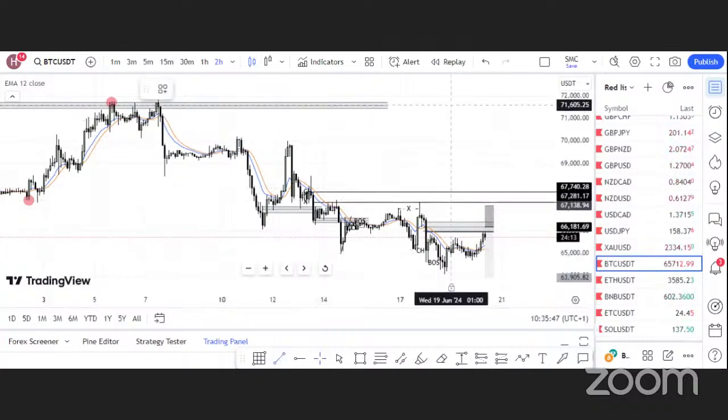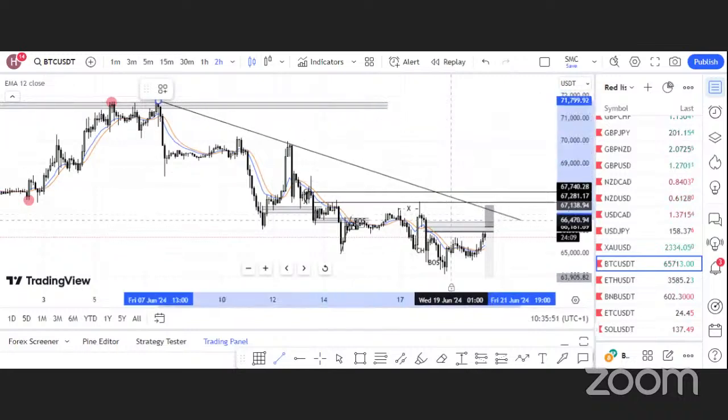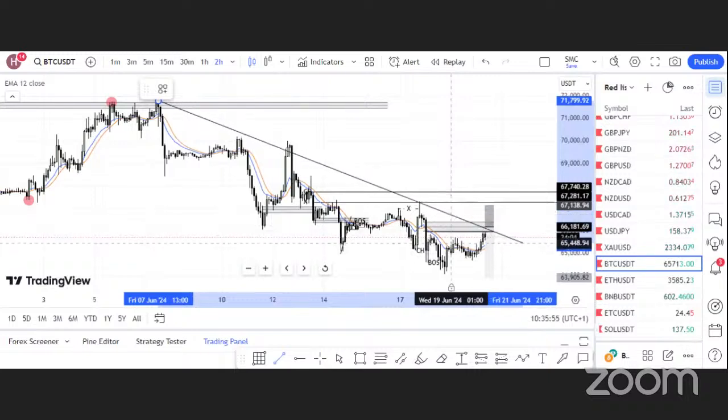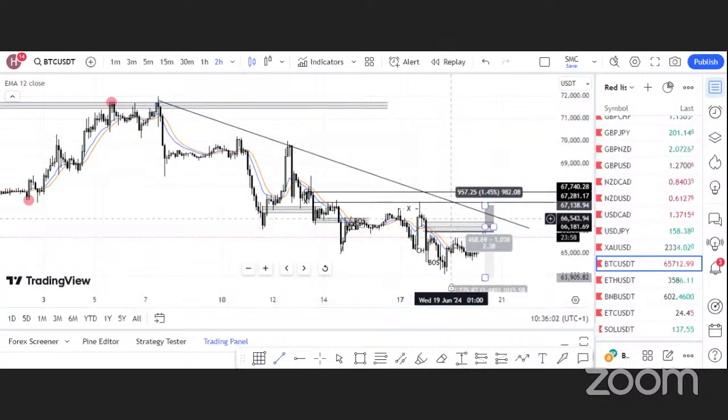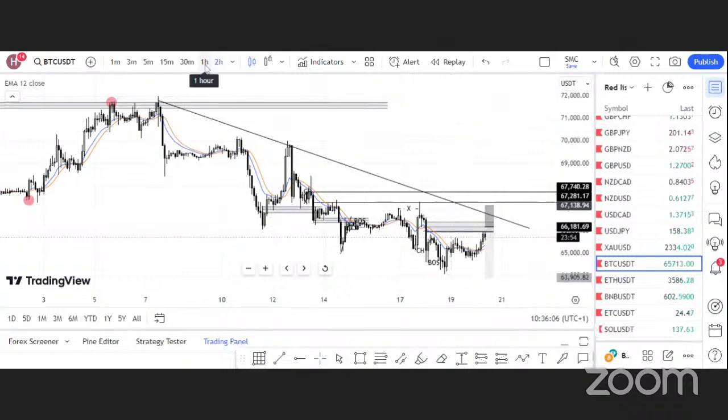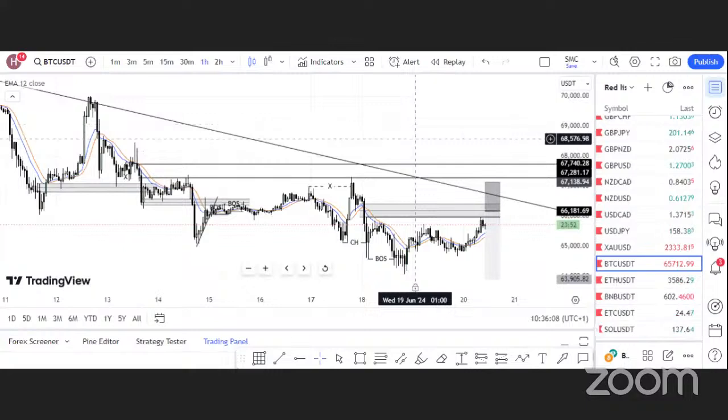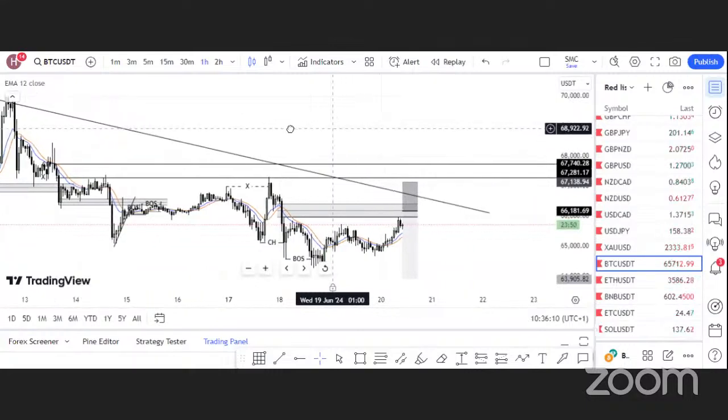This is the 2 hour time frame, and it's very obvious that the trend is going downwards. Let's go back to the 1 hour time frame. Earlier, the market had taken out liquidity on this level.